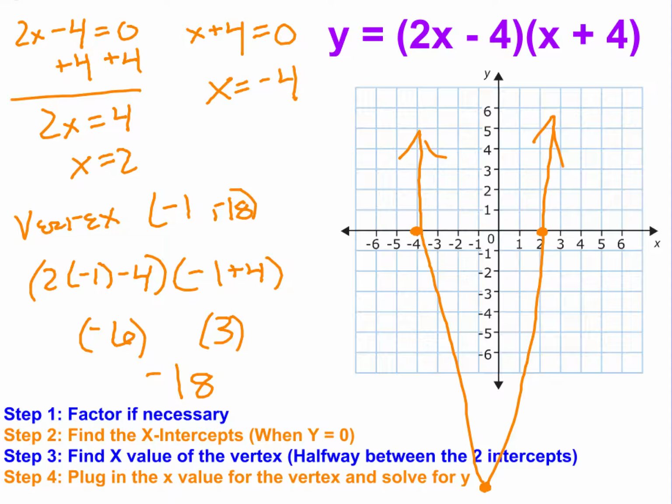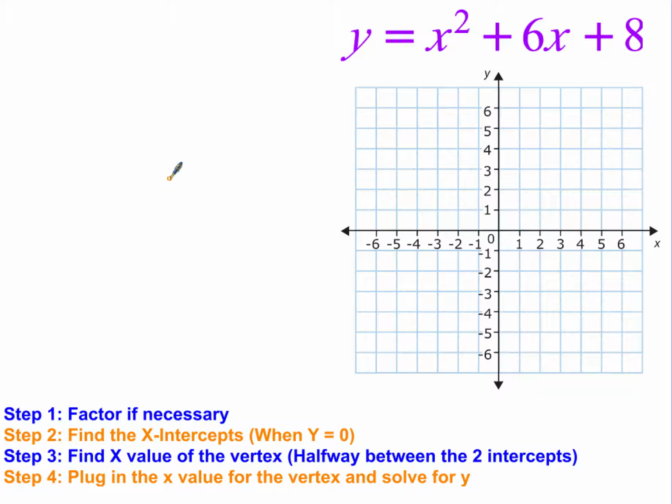Let's look at just one more example real quick. Now, if we have an equation that's in actual standard form, so this looks like a normal quadratic function, what we want to do is factor it first, if we can. Then we'll put it into that intercept form. To factor this, I want to find my multiples of 8 that add up to 6.